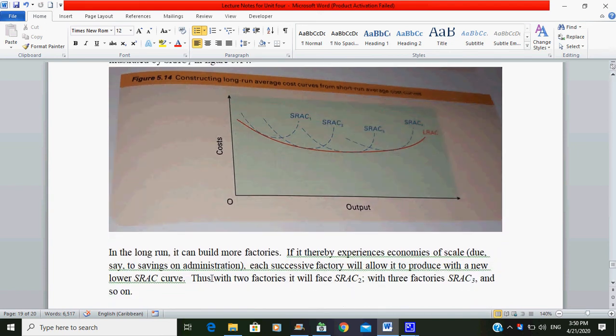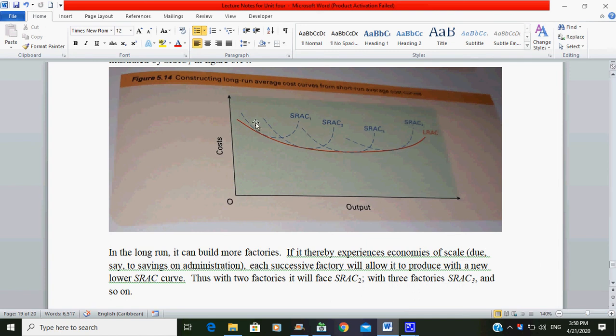In the long run, it can build more factories if it thereby experiences economies of scale due to, say, savings in administration. Each successive factory will allow it to produce with a new lower SRAC curve. With two factories, it will face SRAC2, with three factories SRAC3, and so on.